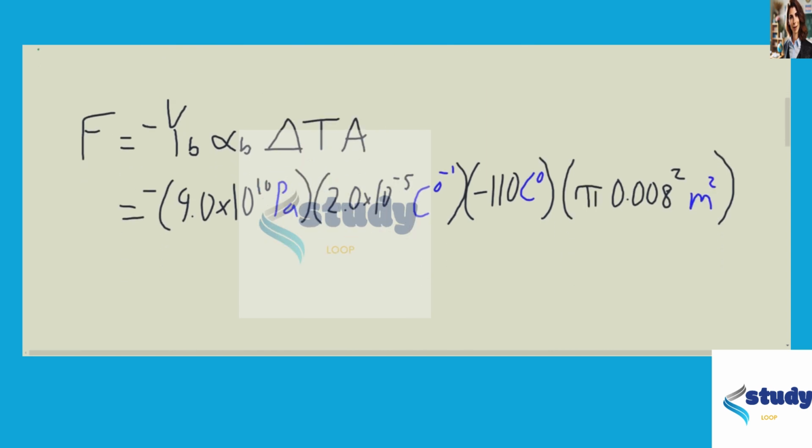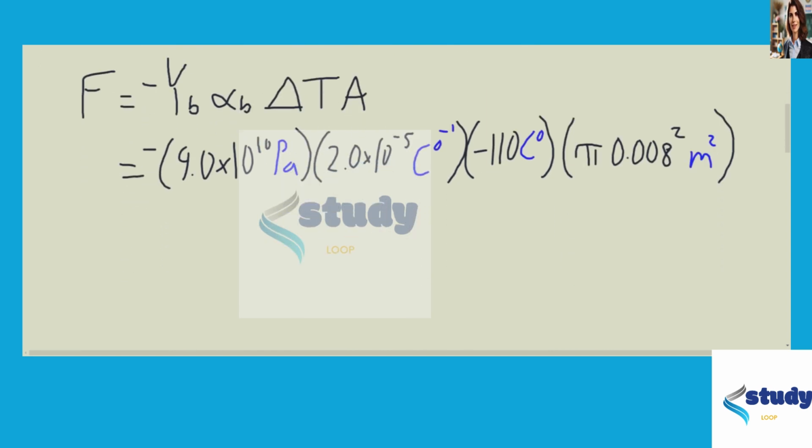Down here, I rewrote the equation solving for force because that's what we're looking for. And if you plug in all your values, you'll get this. But before we plug all this into our calculator, we have to check our units. So we have this per Celsius and Celsius are going to cancel out.